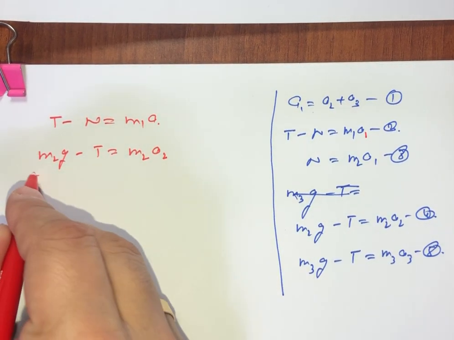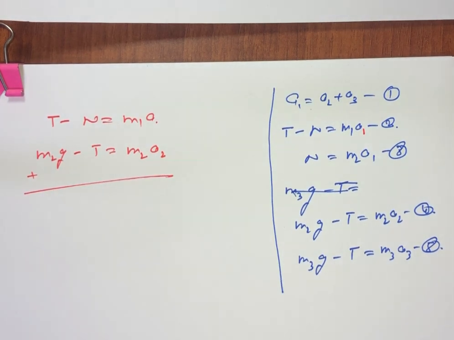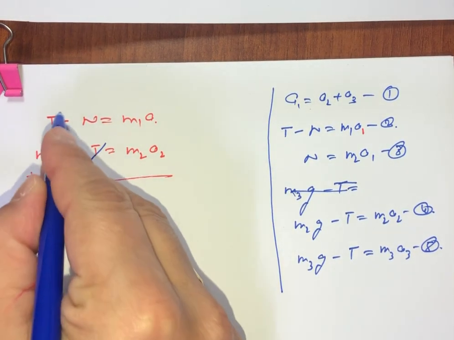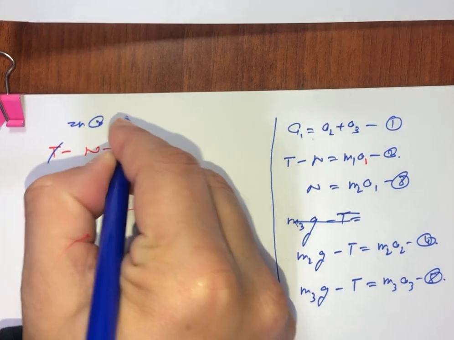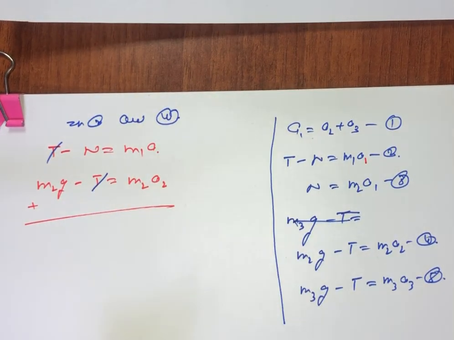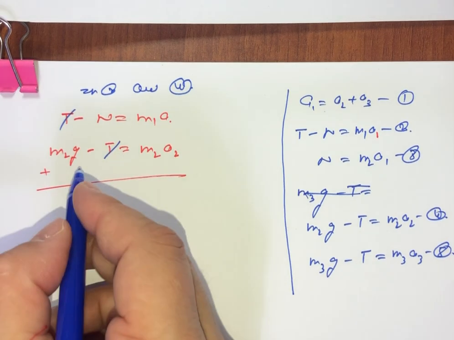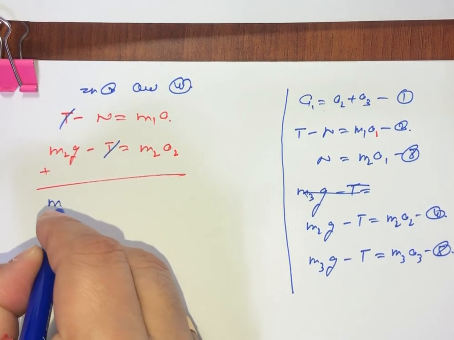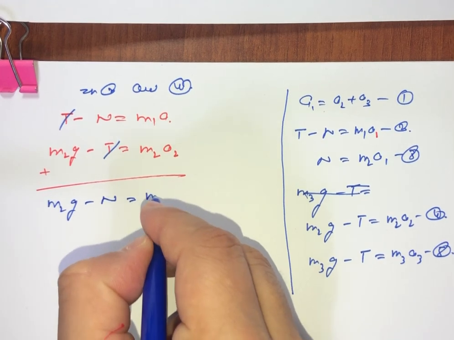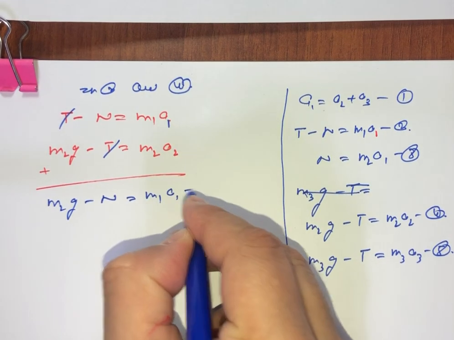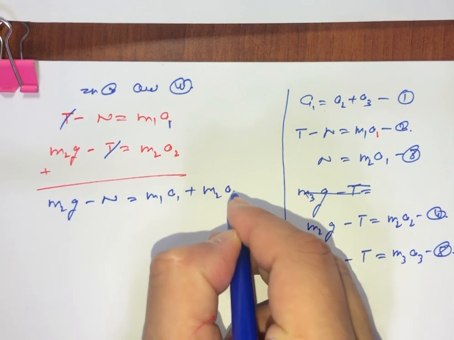Okay, and if you add them, T cancels out with T. This is using equation 2 and 4. So we get M2g minus N is equal to M1a1 plus M2a2.